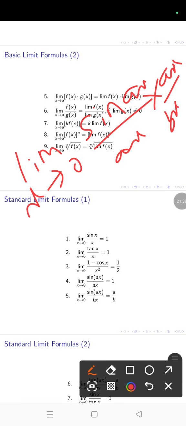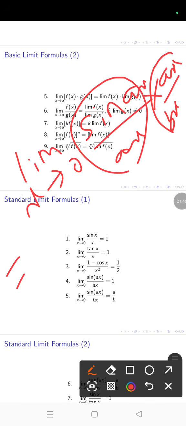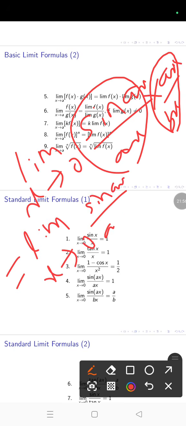Now you can check: we know that the limit of f into g is the limit of f into the limit of g. So limit x tends to 0 sin ax by ax, then limit x tends to 0 ax by bx.